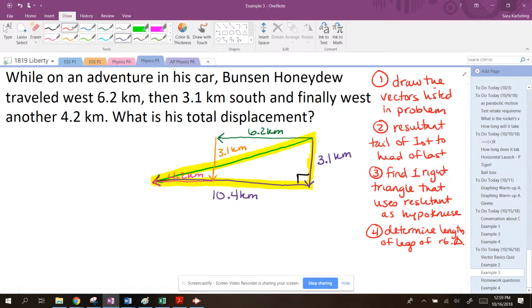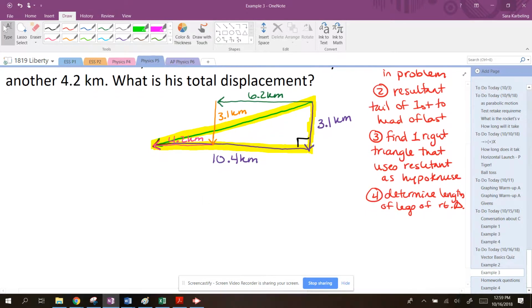Step 5, Pythagorean theorem. So we're going to use the Pythagorean theorem to find the length of the resultant.